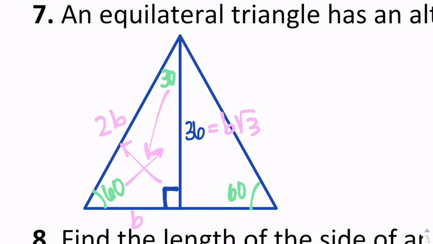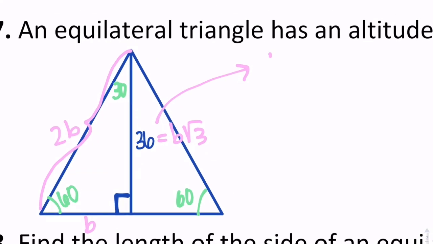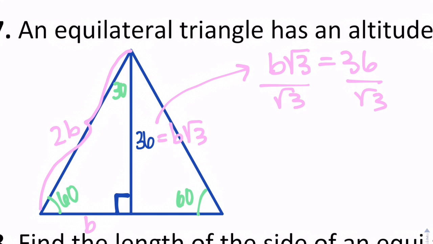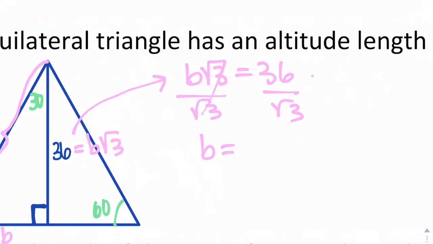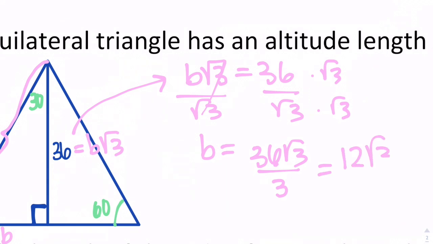So one of the side lengths would be right here. So we're trying to figure out what 2b is. So I'm going to solve for b first. It says b root 3 is equal to 36. So I'm going to divide by root 3, and b is equal to, got to rationalize, 36 root 3 over 3, which is equal to 12 root 3.